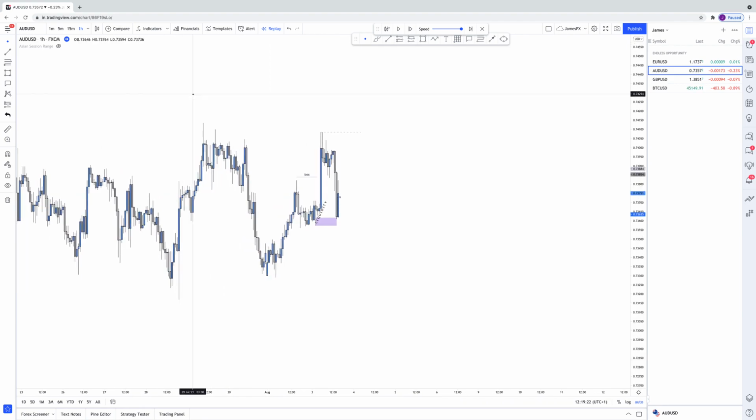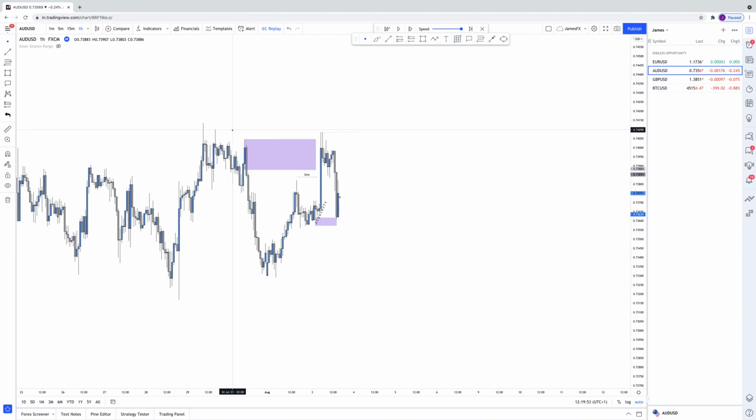And what I'm also looking for is, once demand forms, has it tapped into supply, or has it mitigated or failed supply? So what we can see here, we have the last up close candle, because price pushed down, we put in a new lower low, so we've broken structure, and we've done so leaving imbalance and breaking with momentum.